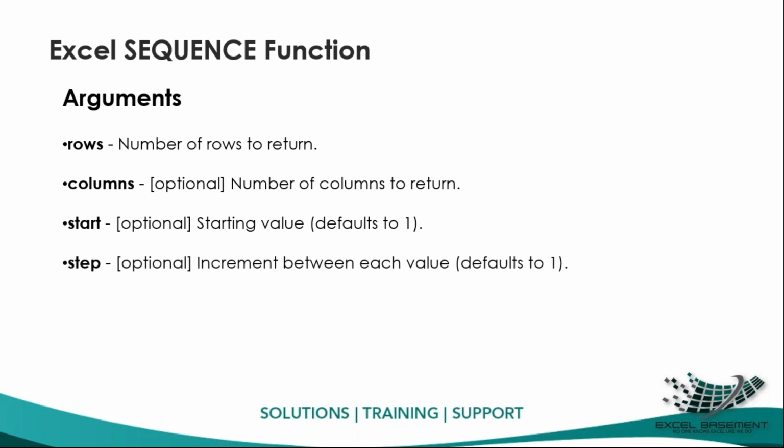And then the step value. Some users might have created serial numbers in Microsoft Excel, even serial numbers, odd serial numbers, right? Even a chart of accounts list. So we have steps to decide how much to increase for each new value. We can give the increment between each value, and if you skip this function argument, it defaults to 1.